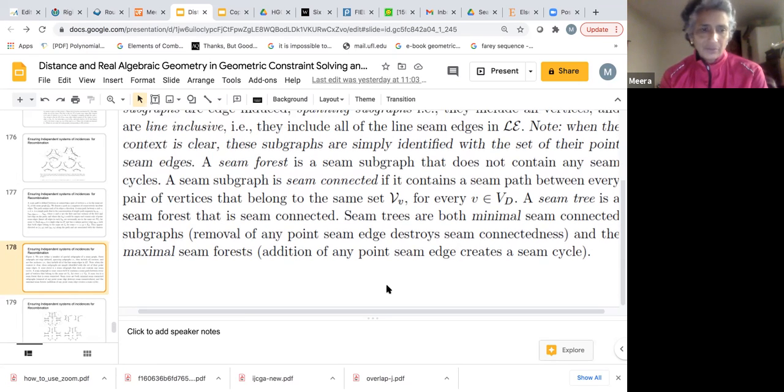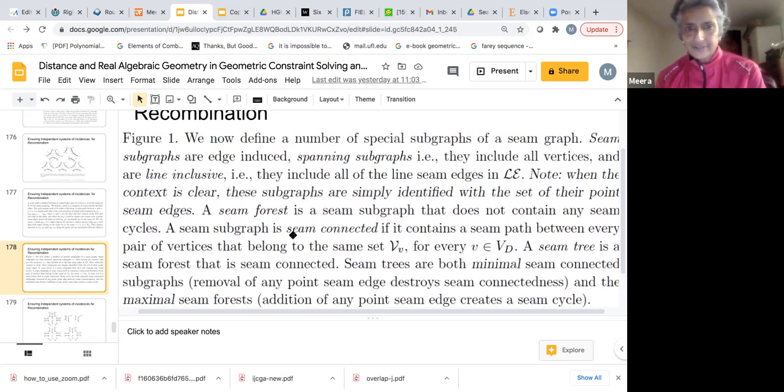So the rest of the definitions are what you would expect. The only weirdness is that the seam path has this idea of partner edges being present, and when we say spanning, we mean that all the line seam edges should also be present. Okay.